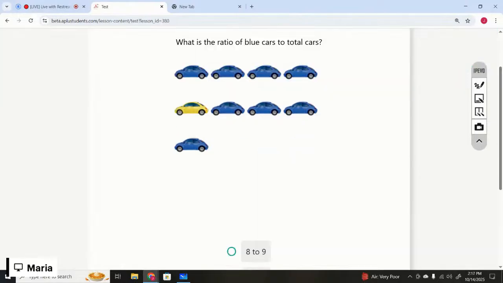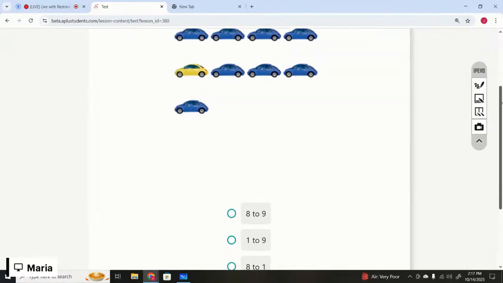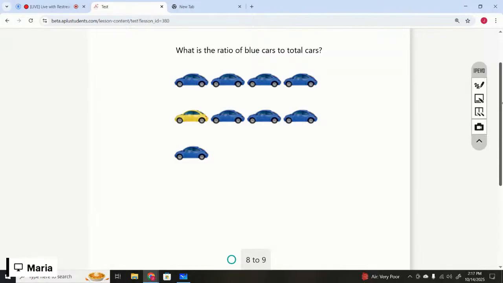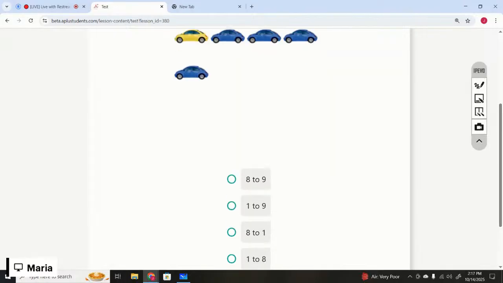What is the ratio of the blue cars to total? 8 blue to 9. Option number 1 is the correct option.